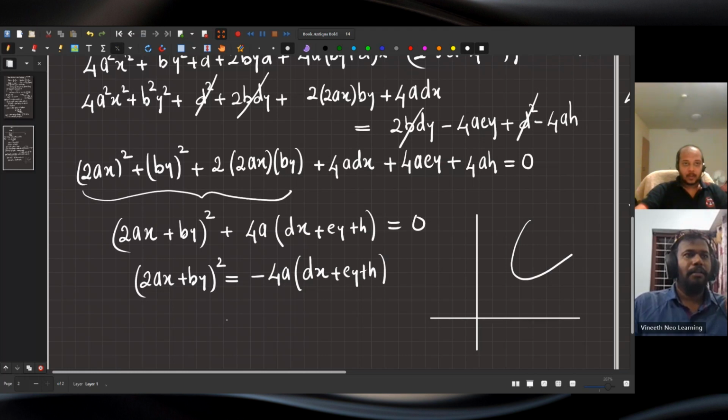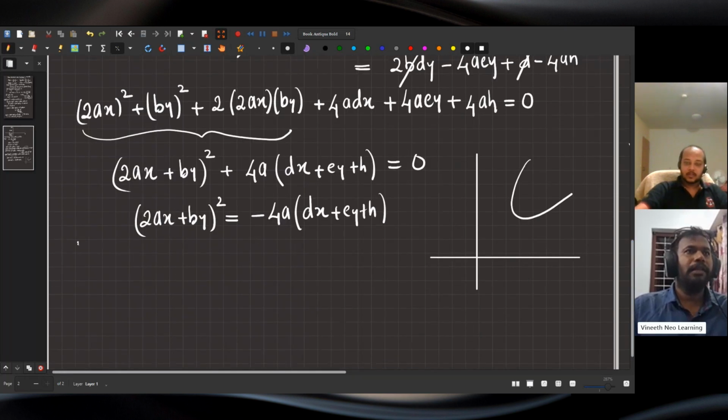This is the equation of a general parabola. The orientation depends on the values of these coefficients.